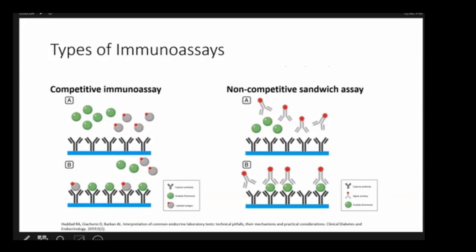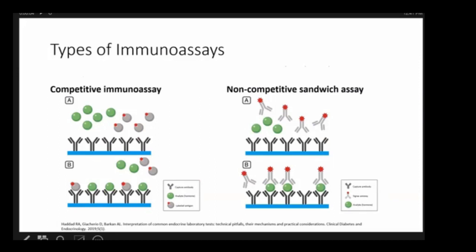So this is somewhat reversed. The higher the concentration of the hormone, the less the analyte will be bound, so there'll be less signal. So in other words, the weaker the signal, the more endogenous hormone is present in the blood sample, and vice versa. So the signal strength is inversely proportional to the hormone concentration.